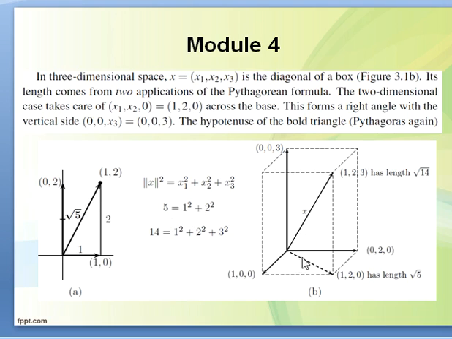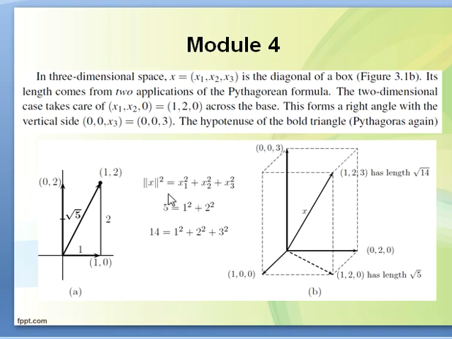And similarly in case of three-dimensional also we'll apply the same thing, like if x1, x2 and x3 are the values, then the magnitude of x square should be equal to x1 square plus x2 square plus x3 square. The same applies to 4-dimensional, 5-dimensional, and so on.